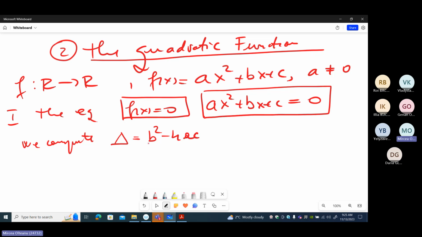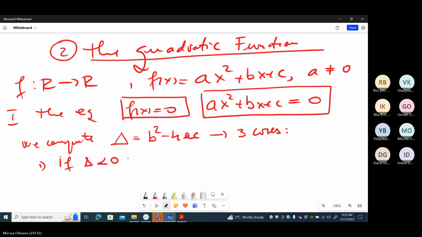Why do we compute this discriminant? Because according to its value, we have 3 cases. Case number 1 is if delta is negative. Then our equation has no real solution.